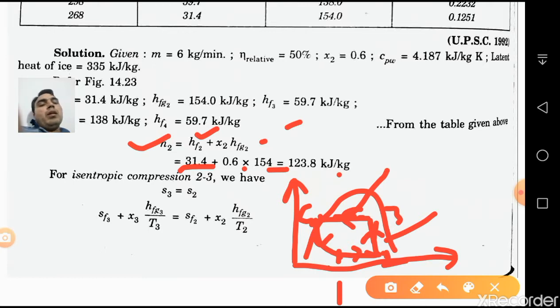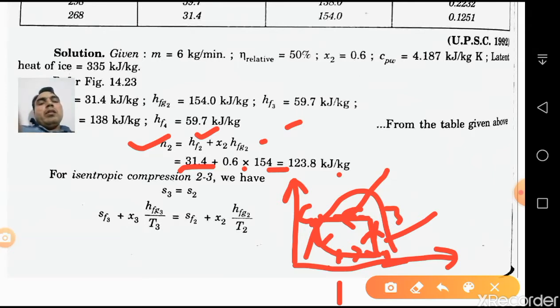At point 3 we also have to find the enthalpy, but we do not know the dryness fraction at point 3, that is x3. So first of all we have to find the dryness fraction. We know that process 2 to 3 is an isentropic process, so the entropy before and after is the same.